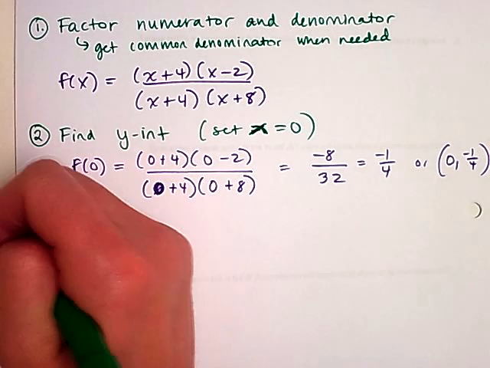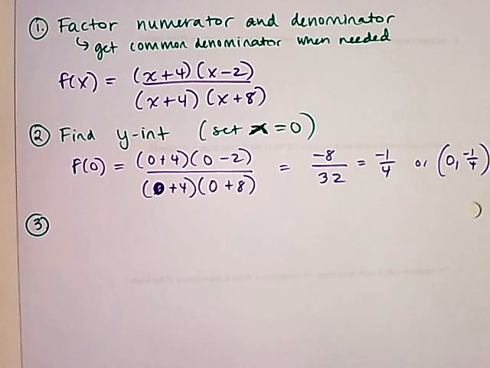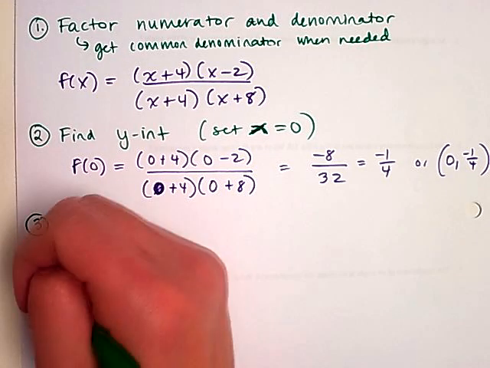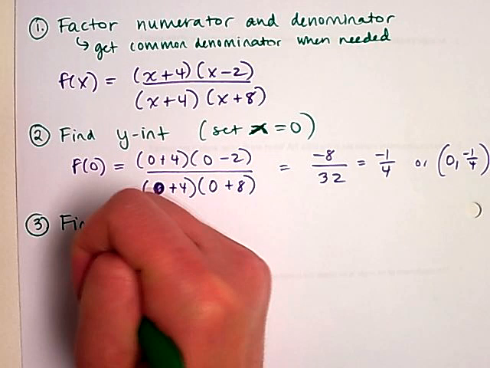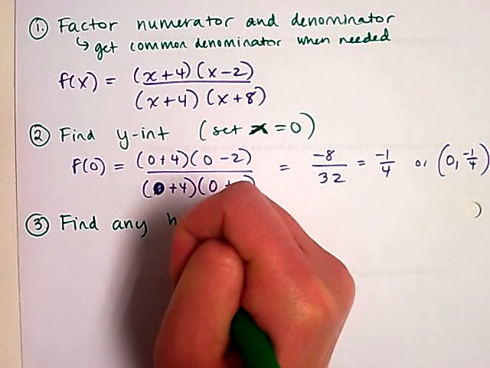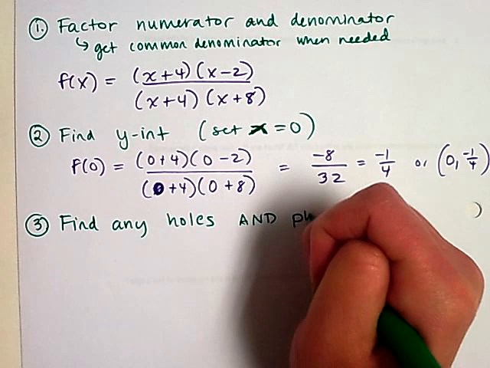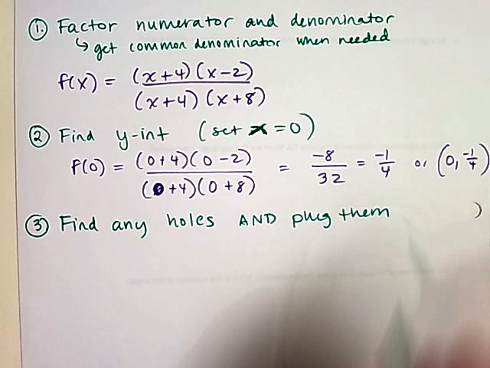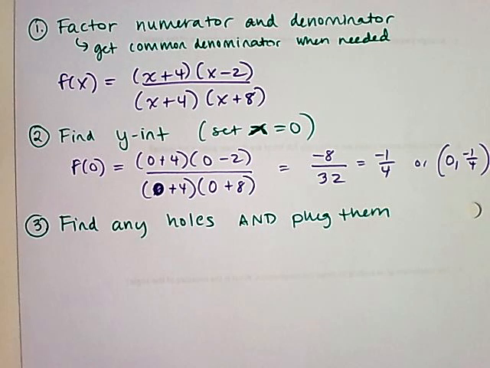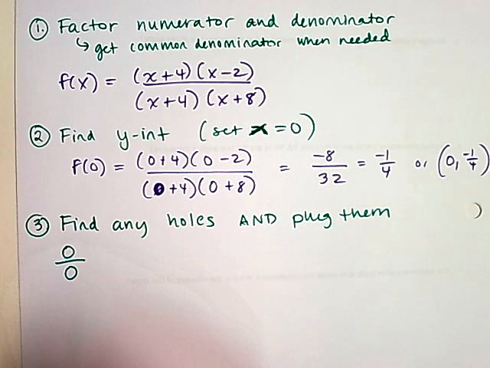My next step is to find any holes in our function, and not only find them, but plug them. Because if I want to sketch this function, then at a hole I need a specific height to draw my open circle. To find my holes, we know from looking at limits that a hole is where we get 0 over 0.